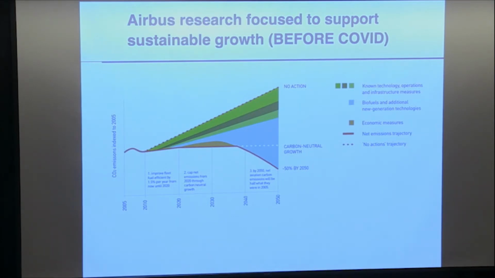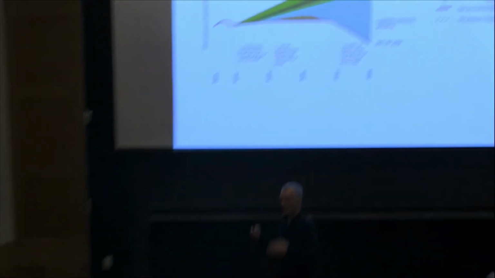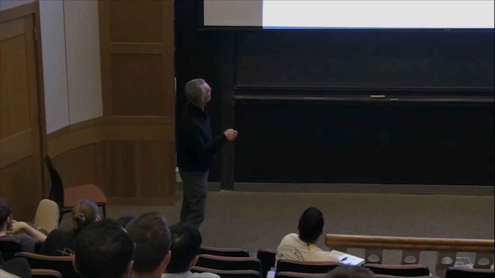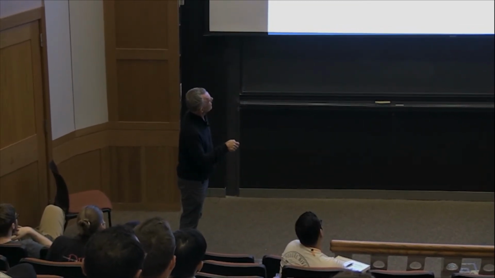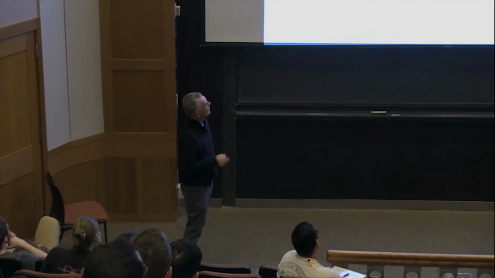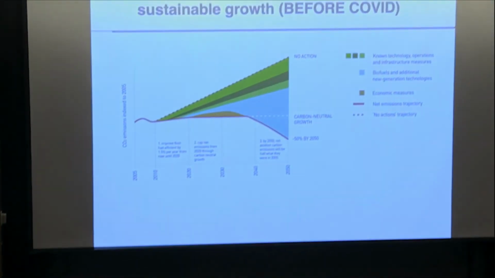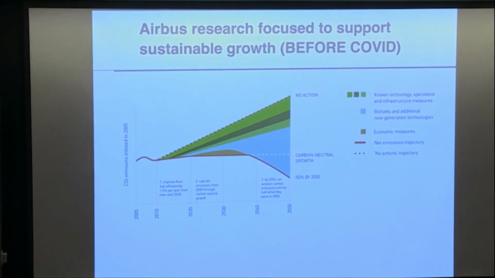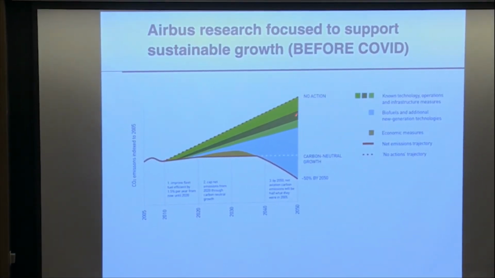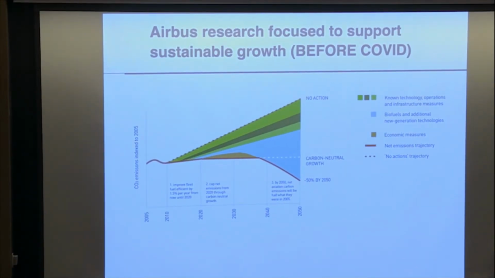So why? You know that the aircraft companies are in a bad situation when it comes to climate change. They have pledged to reduce emissions by 50% so that they will become almost neutral in 2050. And the question is, how do you do that? There are many ways to do it, but it's a huge number, and a huge negative number.